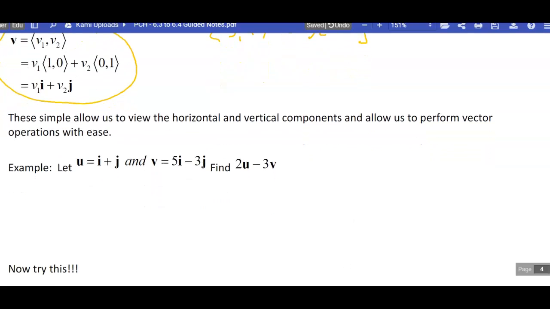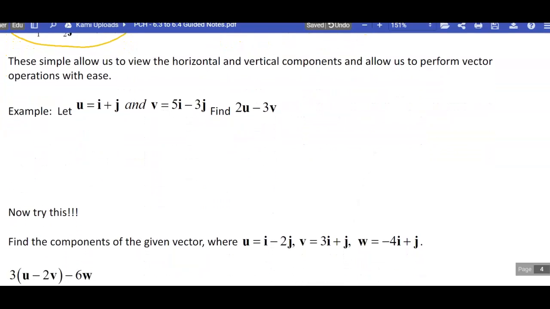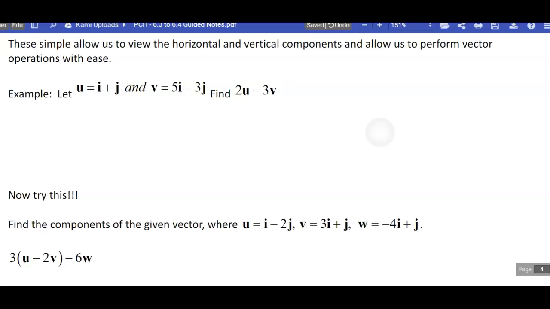So personally, anytime I'm given problems in standard unit vector form, I'll usually write it in component form and then convert it back at the end, because for me it's just easier to work it out.